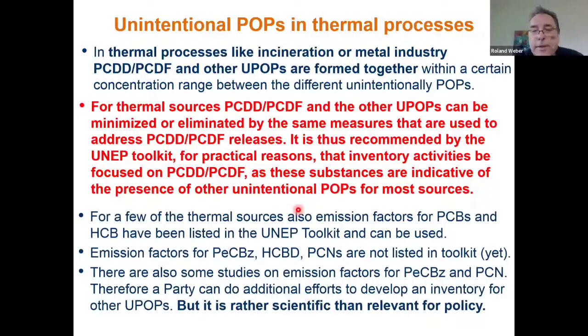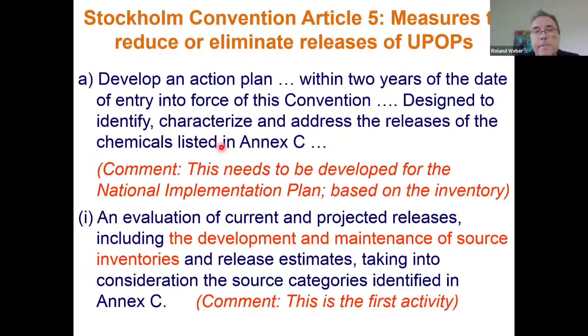There are also some methodologies to assess and calculate other unintentional POPs. But I would say for Palestine, this is rather an exercise for a university. And you as a policymaker can concentrate just on an inventory of dioxins with the UNEP Toolkit.